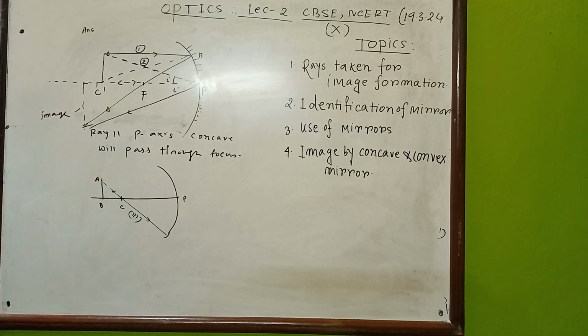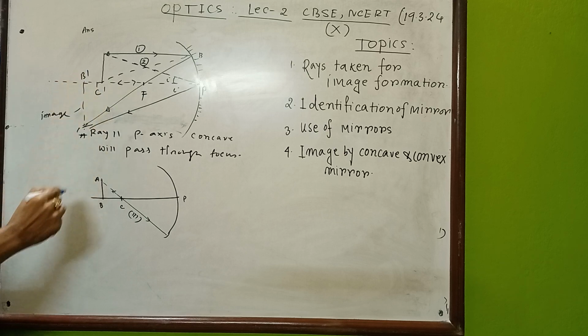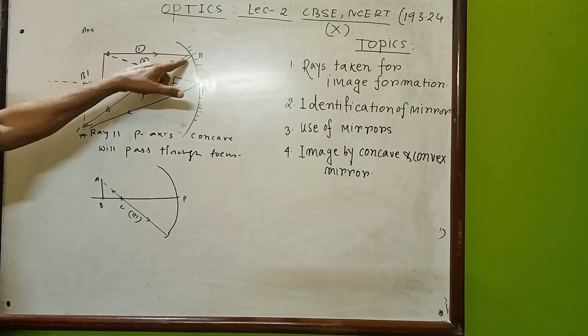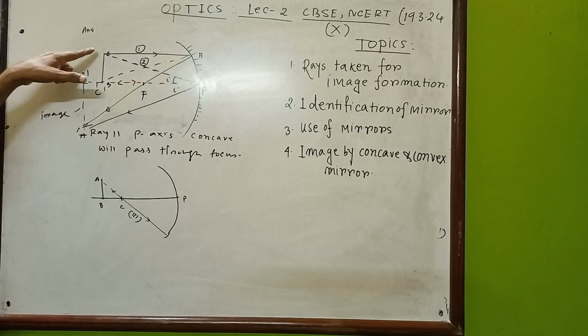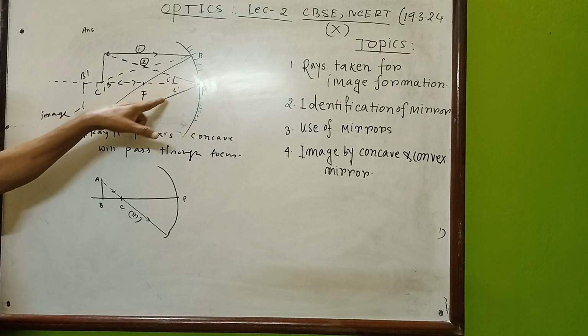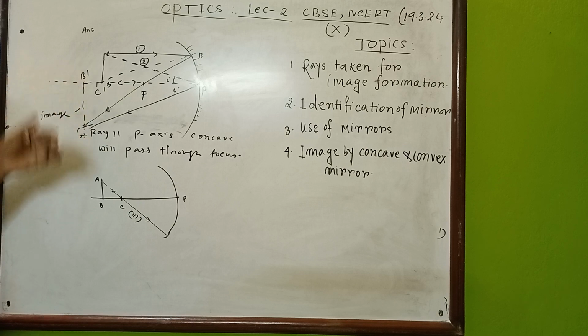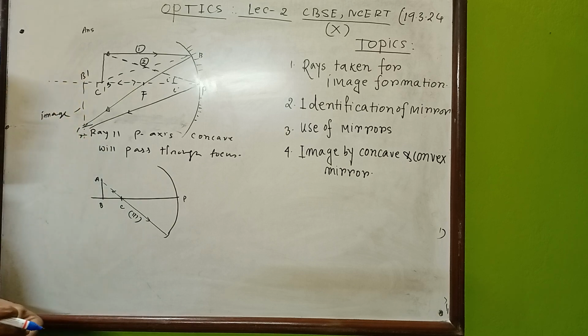So you consider AB, suppose one ray passing through the focus, second making some angle I obliquely incident at the point P, reflected back. If these two rays meet at a point A prime, you draw a perpendicular on the principal axis and you get the image. So it is very clear.